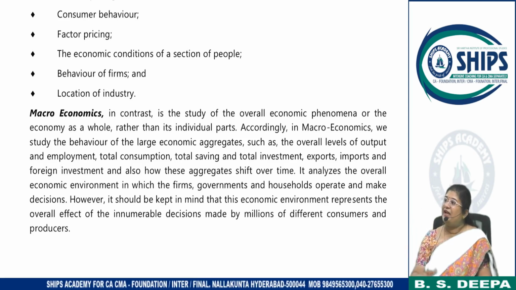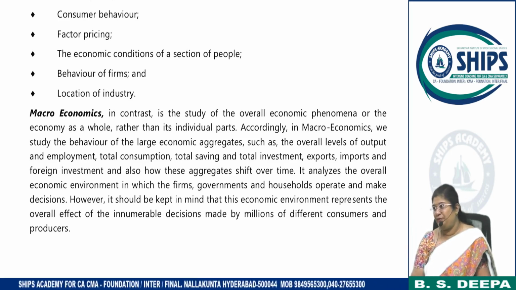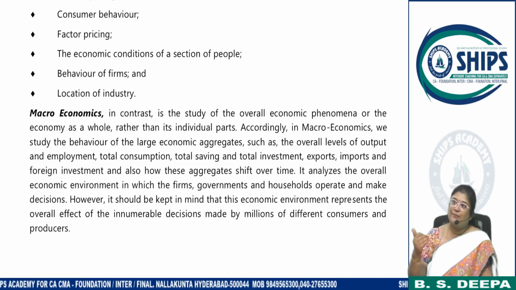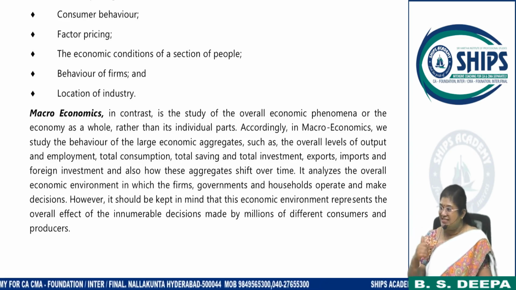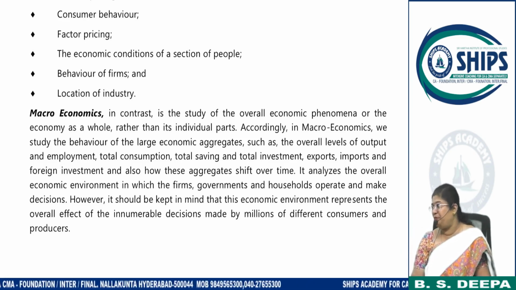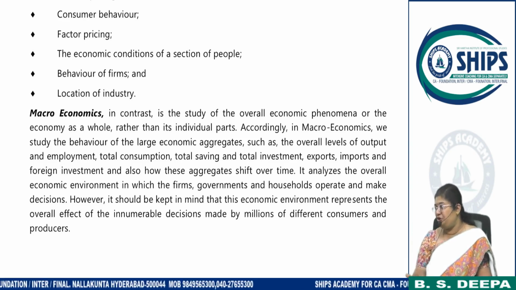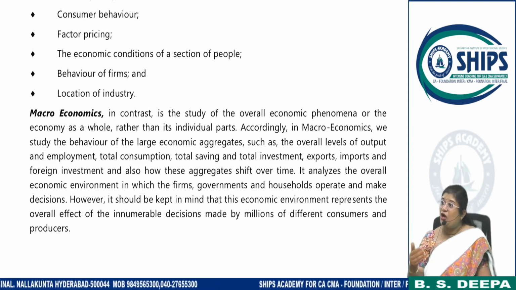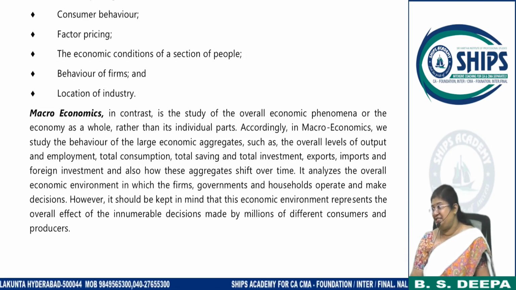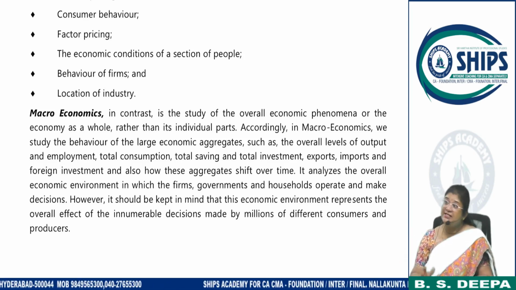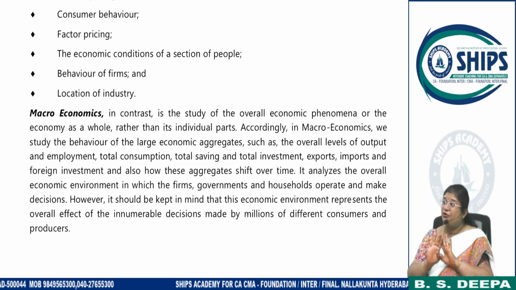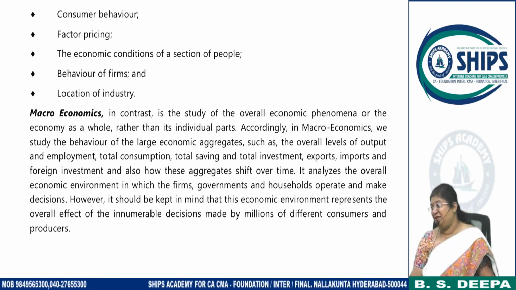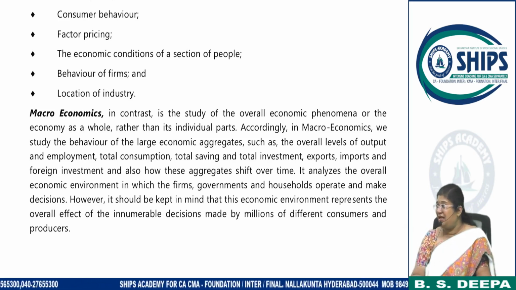The one who are very rich may have a different kind of an economic situation, and the one who are below poverty line or those who have less incomes may have a different kind of an economic situation. Each one will be behaving and spending according to their needs and necessities, right? It is different. Each one of them have to be studied separately. All of them can't be generalized.